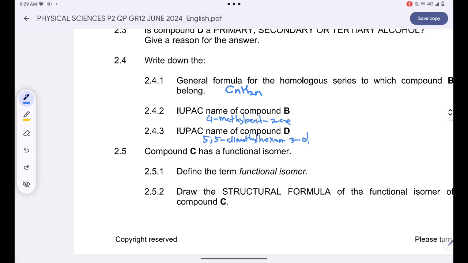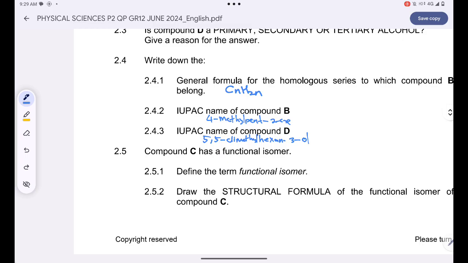And then compound C has a functional isomer. Define the term functional isomer. Functional isomers, guys, are organic compounds that have the same molecular formula but have different functional groups. Are you together? For example, an ester is a functional isomer of a carboxylic acid.